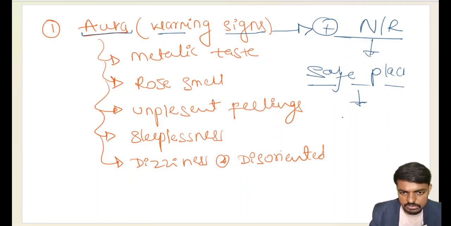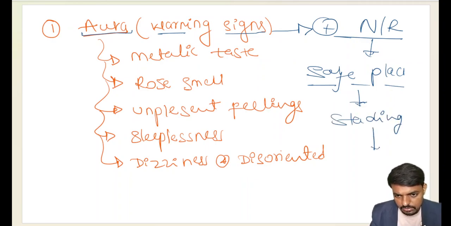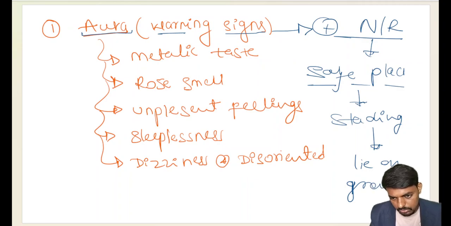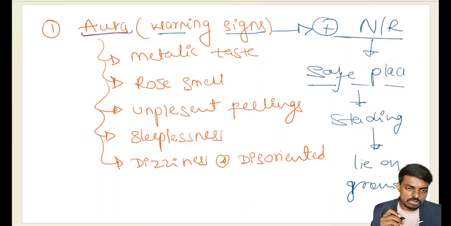And if the patient is standing in any corridor or corner, make the patient lie on the ground, because in the presence of the aura, the warning sign, the seizure can occur anytime. So what are the signs that help you detect that a seizure may occur? The patient may feel a metallic taste.